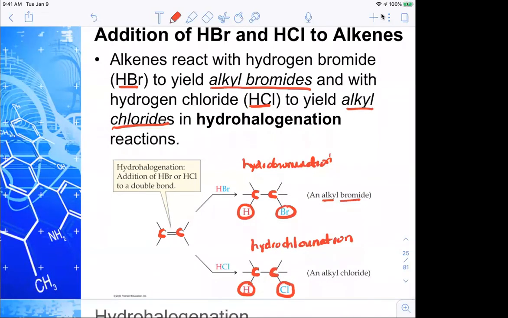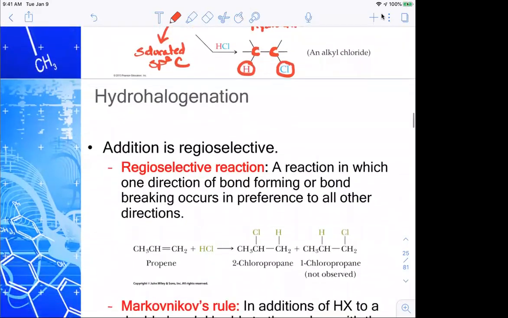The hydrogen goes to one carbon of the original double bond, chlorine goes to the other carbon of the original double bond. So both of those carbons in the double bond get changed, and I go from this unsaturated to the saturated sp3 carbons during the course of this reaction.